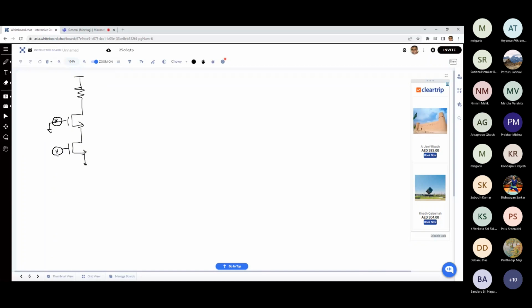Likewise, here also I'm capturing the net noise of this transistor as the gate voltage. I can transform, right? The channel current can be divided by GM square and we can get it to the gate. In this case, this is your VNG1 square and this is your VNG2 square, which is both having 1 upon F component as well as the thermal component.